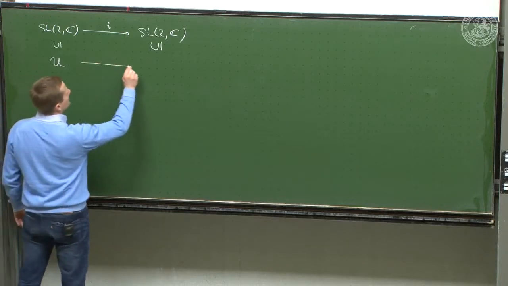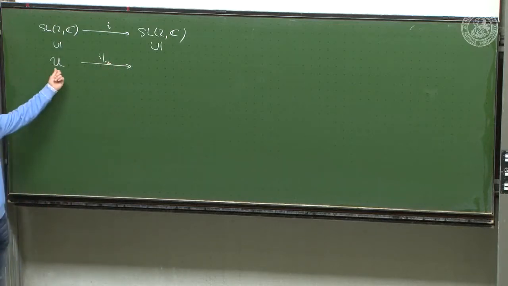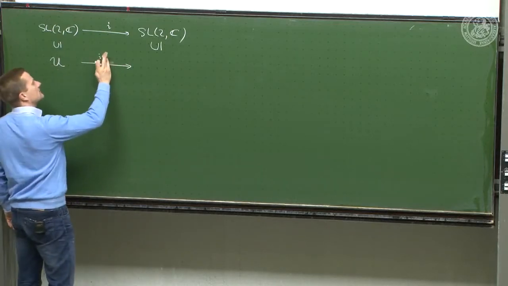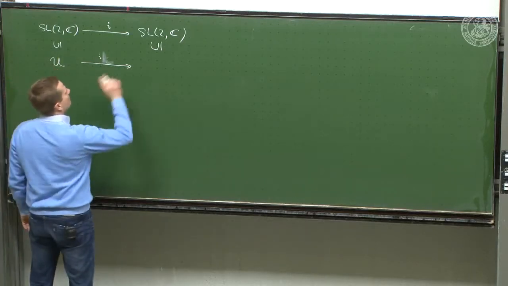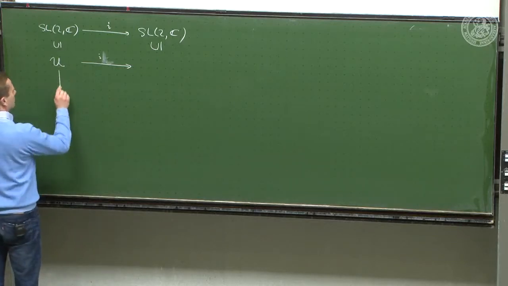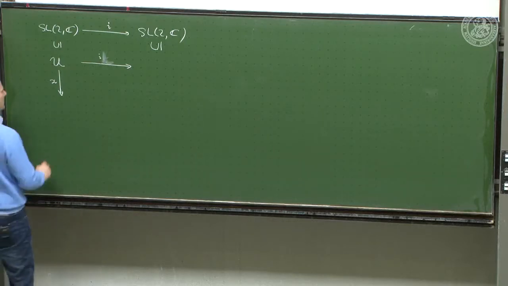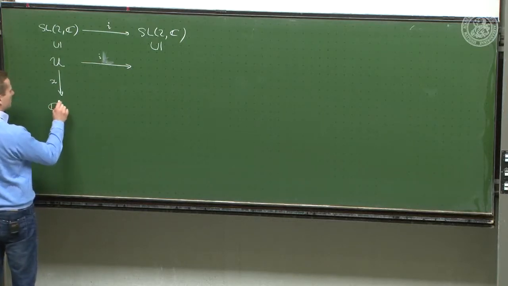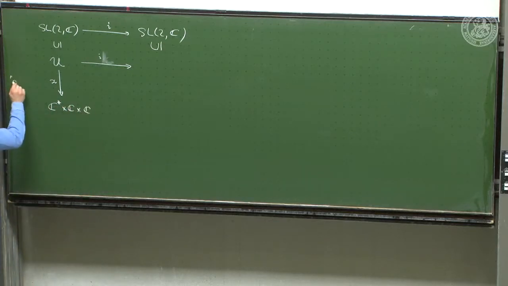So we restrict the map I to U. We only want to come from here, but we don't need to write this explicitly. It's clear by writing this here. I take this map, and now the question is, where do I land here? Well, the chart U comes with the chart map X, and you go into C star cross C cross C. It was this: the upper left entry A being non-zero.